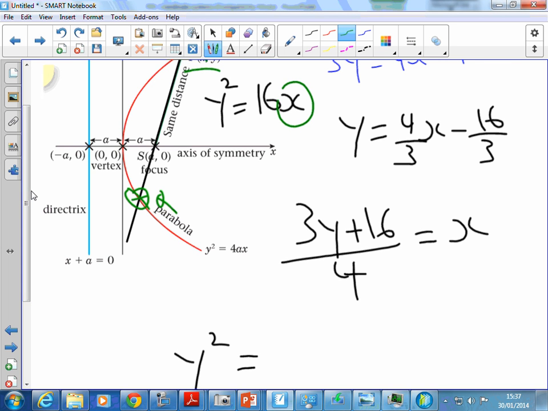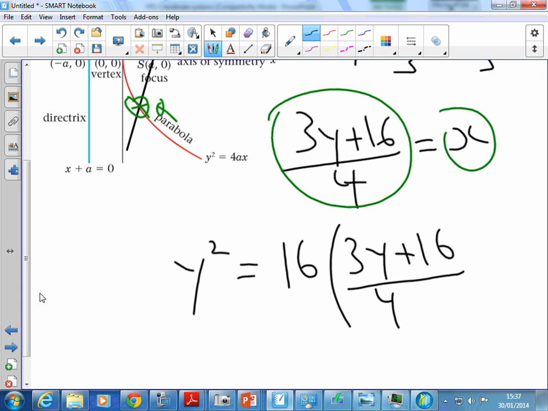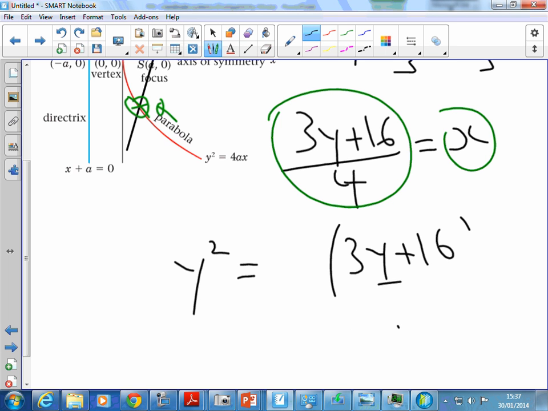We've now rearranged x to be all this. So where I see x, I can put 16 bracket 3y plus 16 all over 4. I can cancel out the 4 and the 16, because 4 goes into 16 4 times. That becomes a 4.